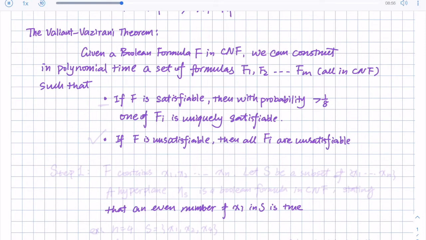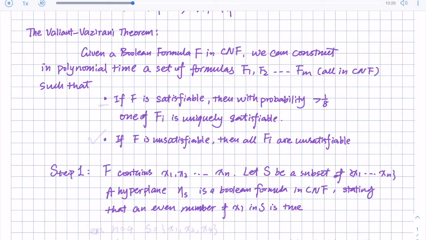And in step 4, we will show that if F is satisfiable, then with probability at least 1/8, one of the Fi is uniquely satisfiable.